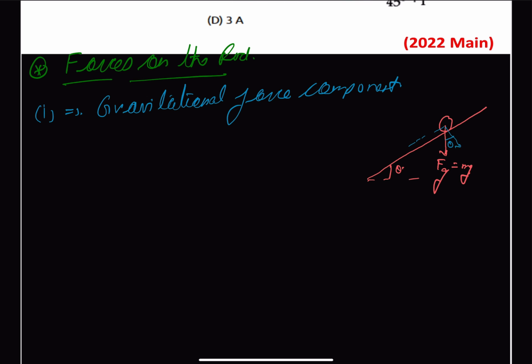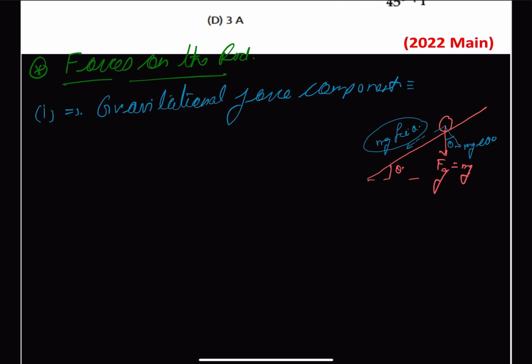So this will have theta. So we are going to have mg cos of theta, and we are going to have mg sine of theta. And for the motion, it is moving in the downward direction, so we are only interested in this mg sine of theta.